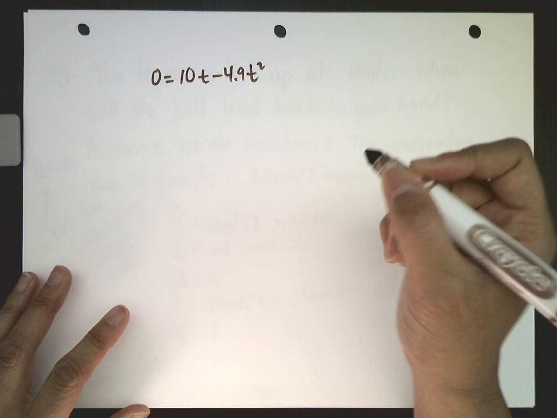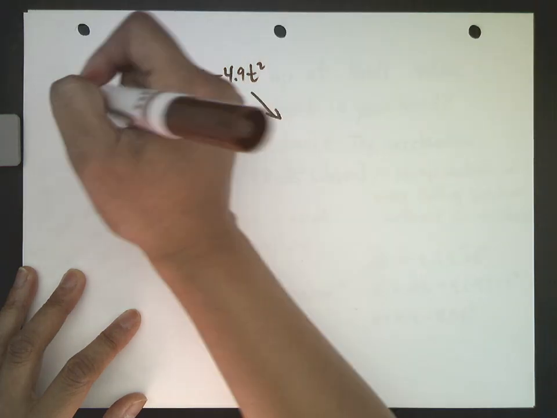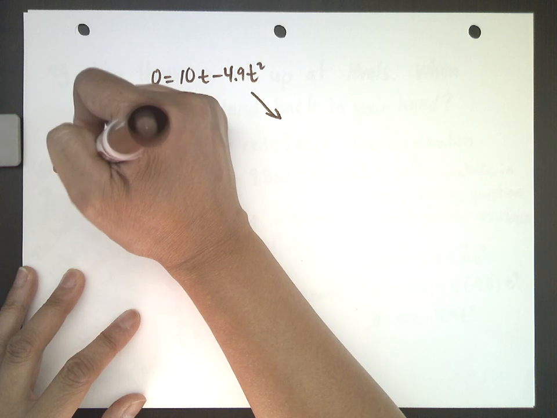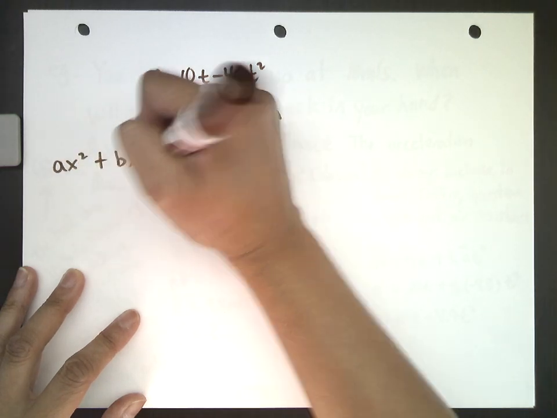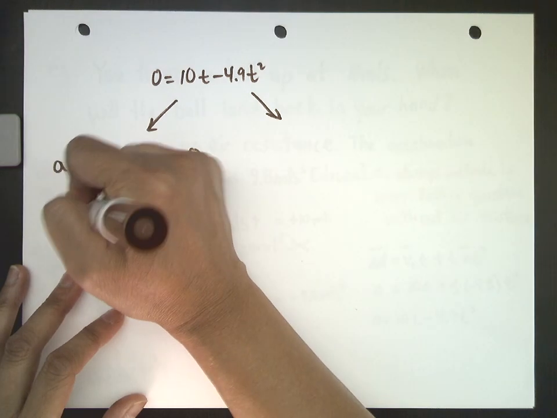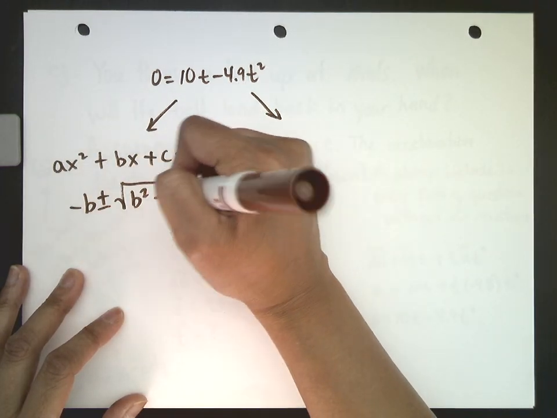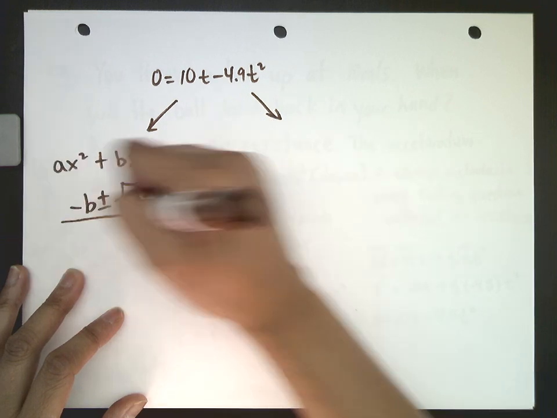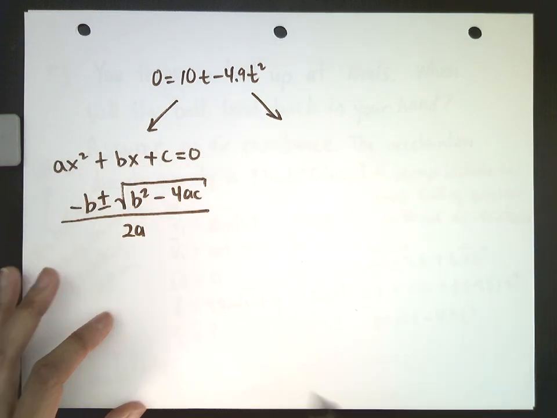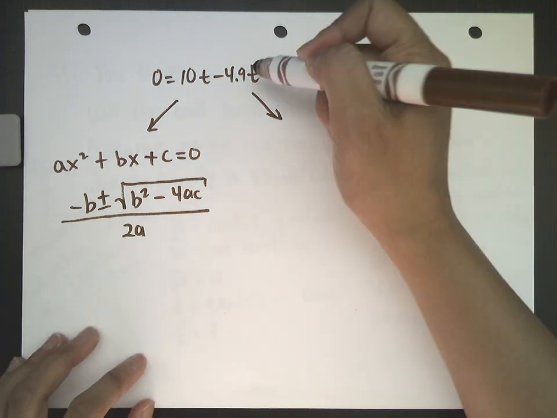Keep in mind you can solve it in two different ways. Remember the quadratic equation? In grade 10, you used it to solve. In this case, you could use the formula negative b plus or minus the square root of b squared minus 4ac, over 2a. That's one way to solve this equation. Now some of you are going, wait, miss, this looks nothing like that.